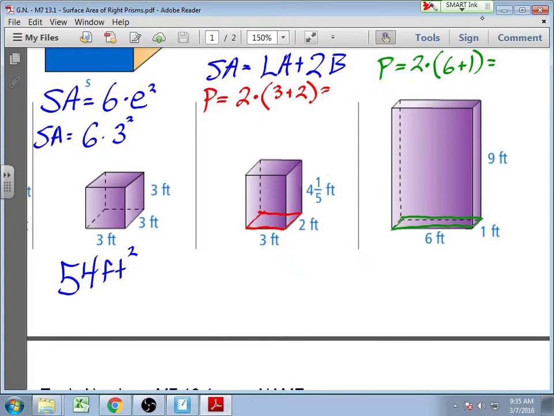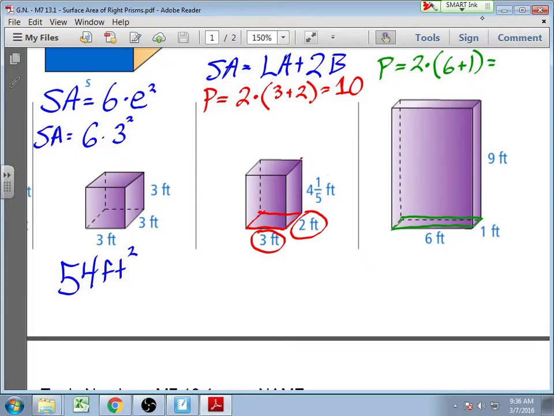When we're doing the perimeter of any rectangle, you know you have pairs of sides, pairs of matching lengths. So we can just say, okay, what's the 3 plus the 2, and then double it. What's 3 plus 2? 5, then double it, so that gives me a total perimeter of 10.